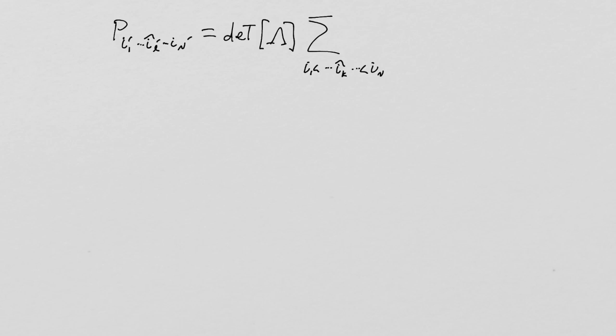Okay, and then that times the cofactor of the contravariant matrix, and then I have to put this set of indices up here, and that will be I1 prime ... I prime L omitted ... I n prime, like that, and then I have to put this set of indices down here.